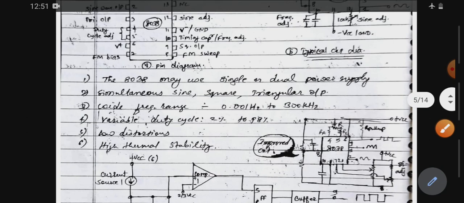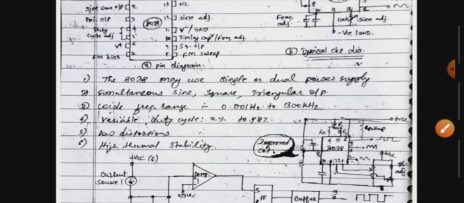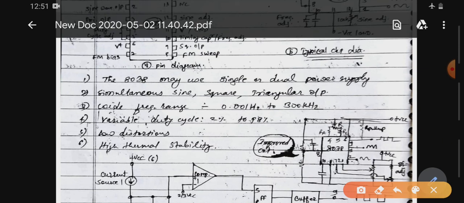Now these are some features of IC 8038. It may require single or dual power supply, is available in 14-pin DIP package, and generates sine, square and triangular output. Wide frequency range from almost 0 hertz to 300 kilohertz. Variable duty cycle from 2% to 98%. There is very little distortion. Thermal stability is there.